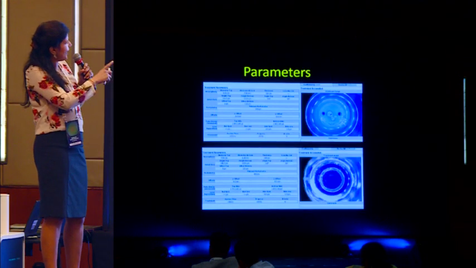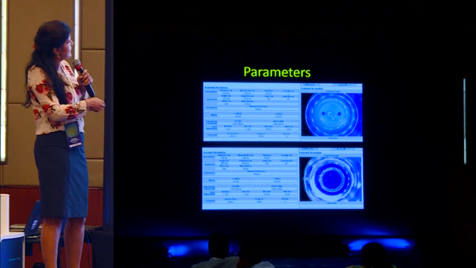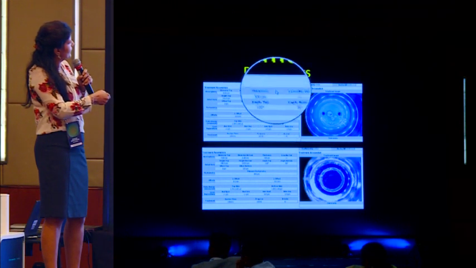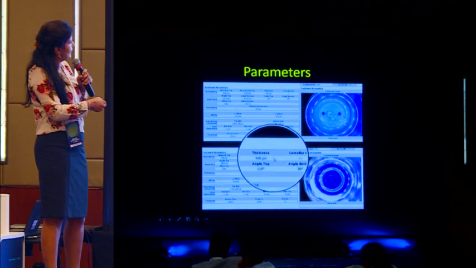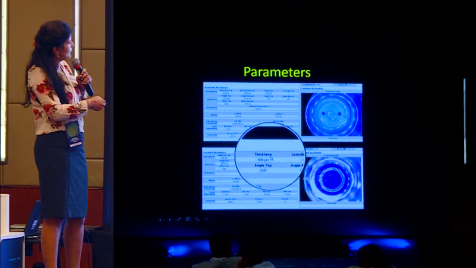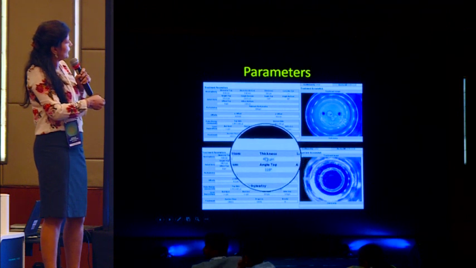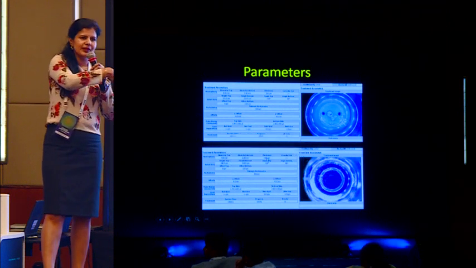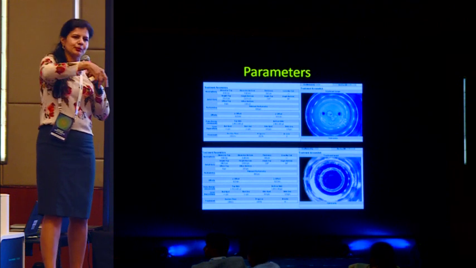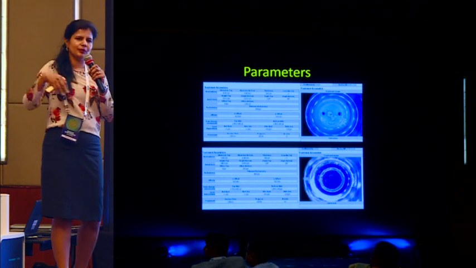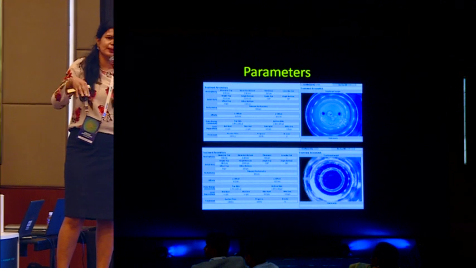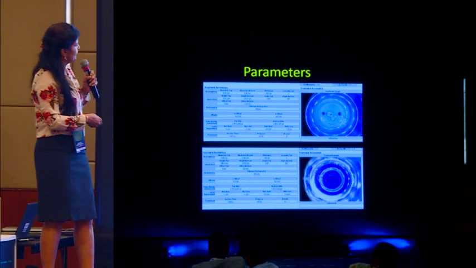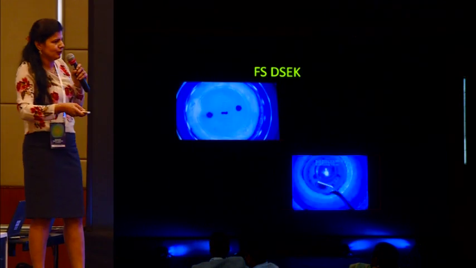Now going to the parameters, you're cutting deeper for the donor cornea compared to leaving about 120 microns for the recipient cornea. This basically removes the superficial lamellae and goes all the way up to the deep stroma, so that you just need to do minimal dissection to get to the Descemet's membrane. And then you carry on with your big bubble.